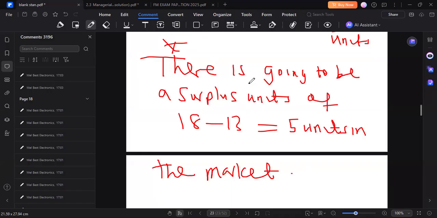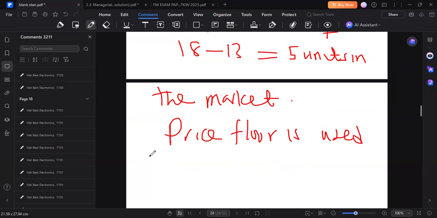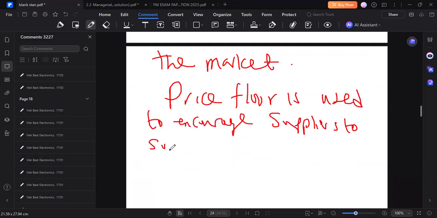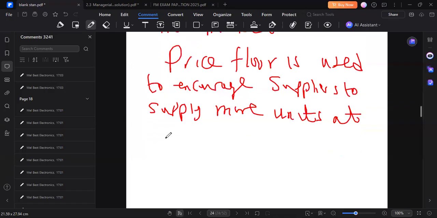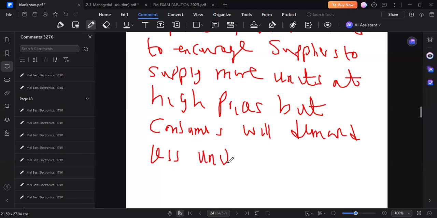The price floor is used to encourage suppliers to supply more units at high prices, but consumers will demand fewer units due to high prices.